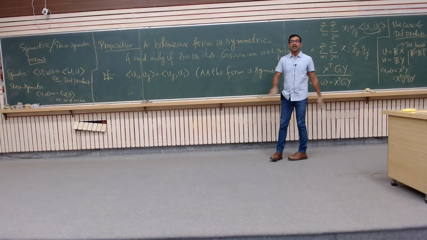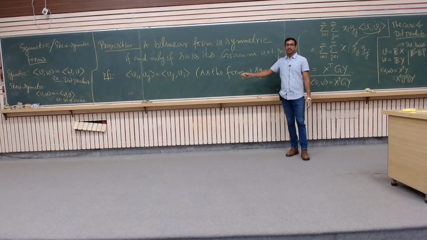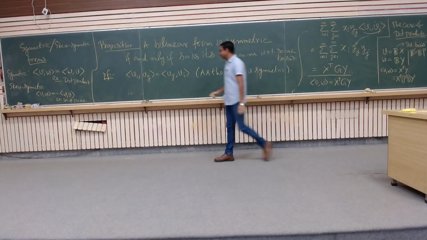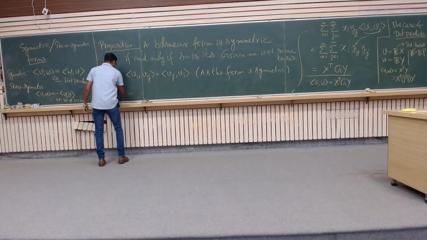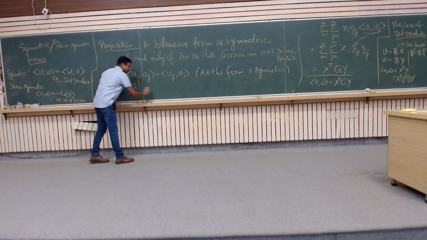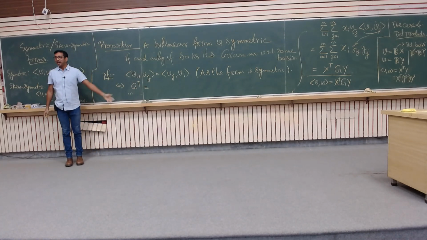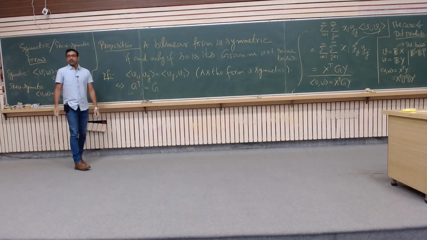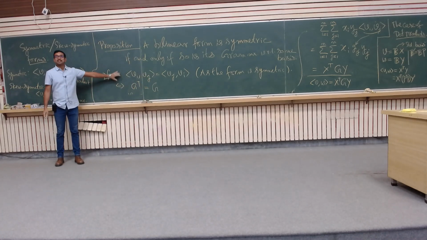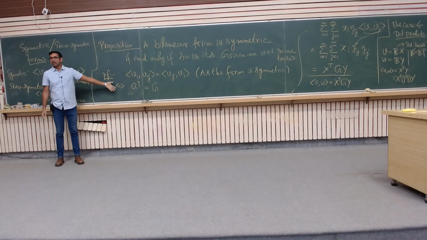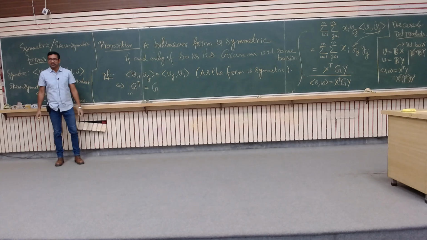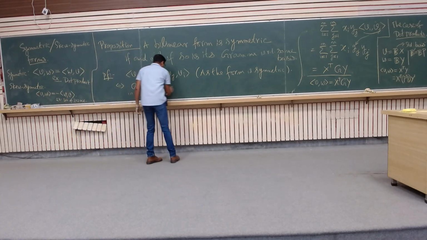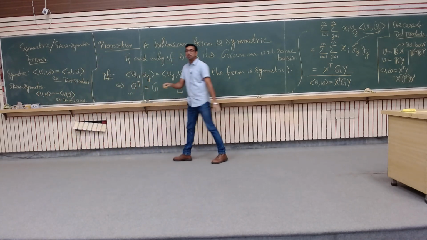That means the ij-th entry of the Gram matrix is equal to the ji-th entry, and that means what? That if you take the transpose of this, what do you get? You get G back. And actually, this is an if and only if thing, right? So the other way it's also the same. So this is actually the proof.